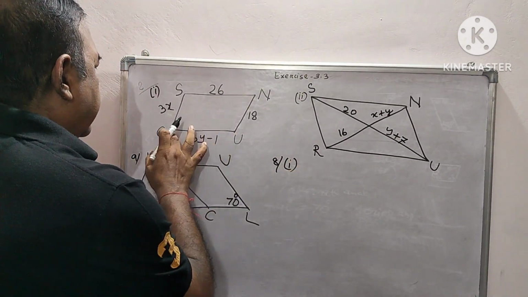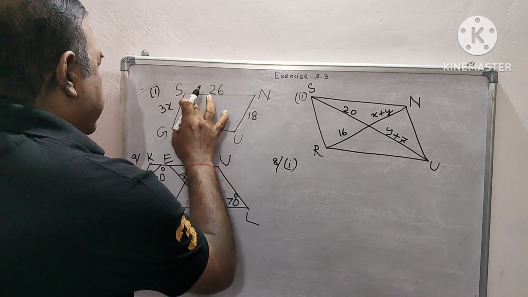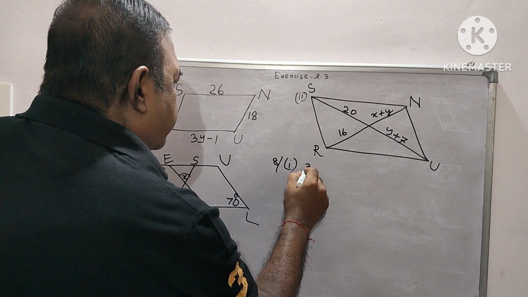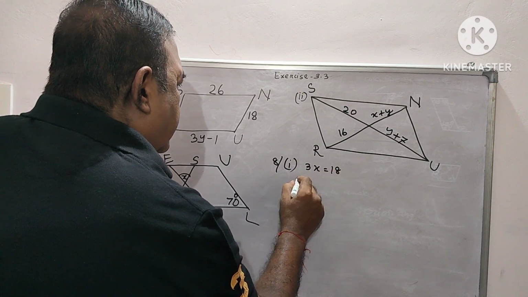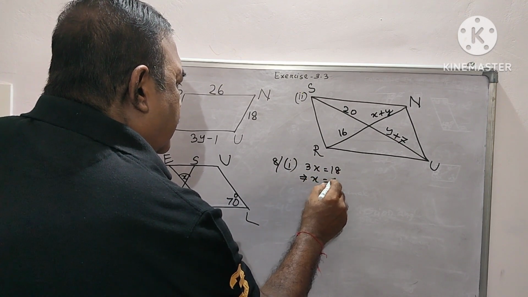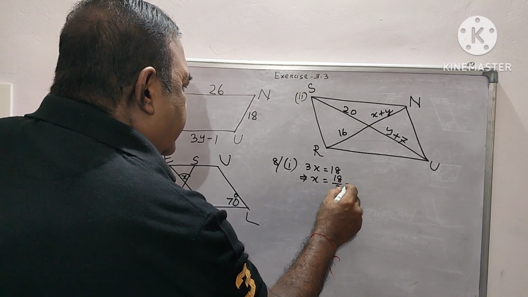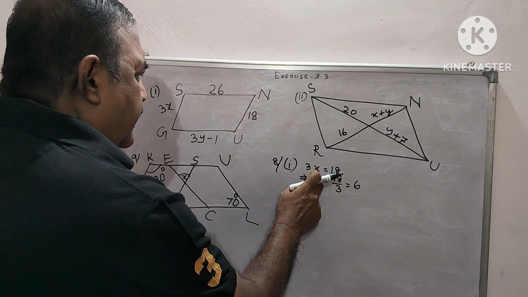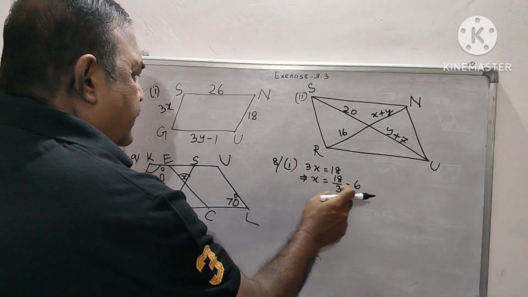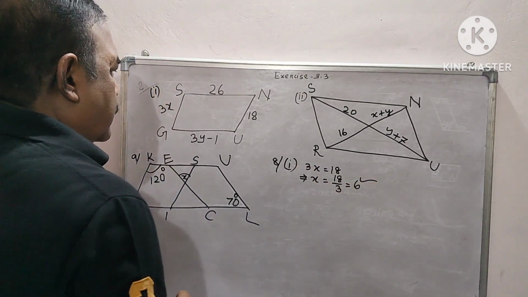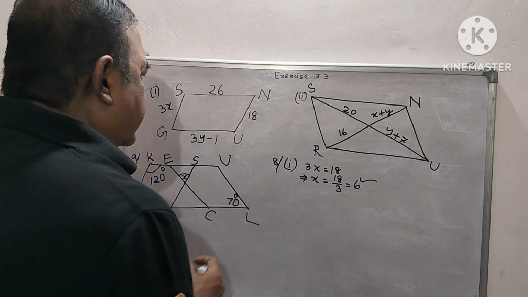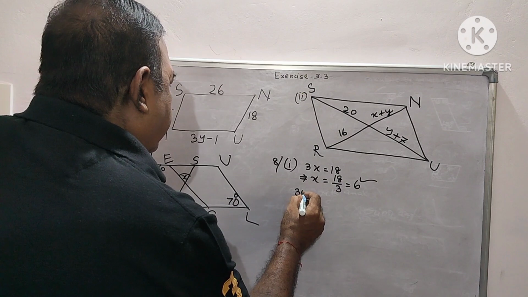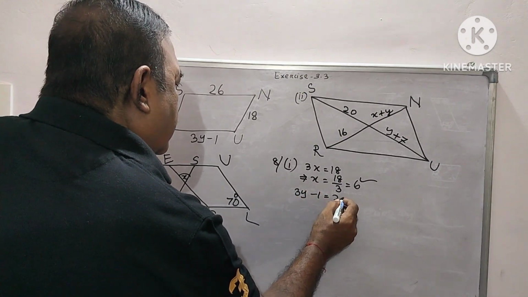So you see, in the parallelogram GUNS, here it is 3x is equal to 18. That implies x is equal to 18 divided by 3, that is equal to 6, because x is multiplied by 3. So we have to divide 18 by 3. So we got x is equal to 6. And you see 3y minus 1 is equal to 26.